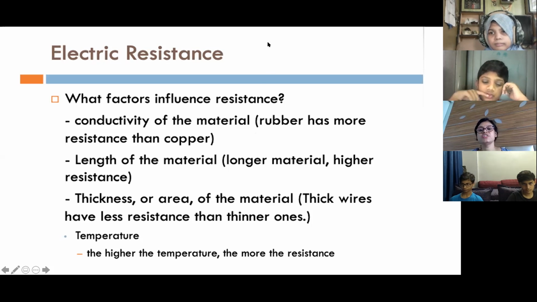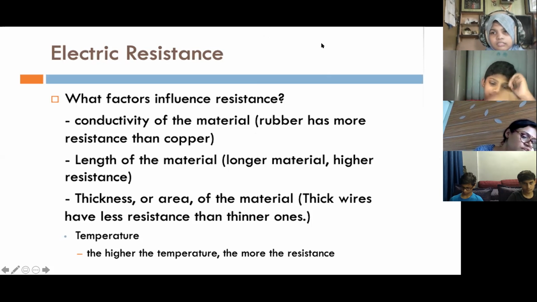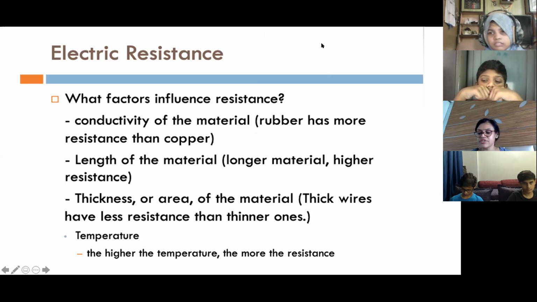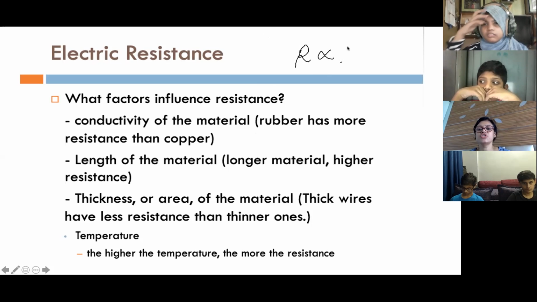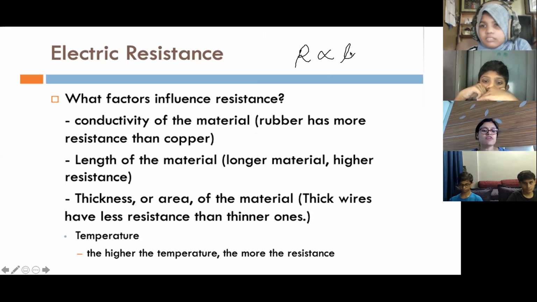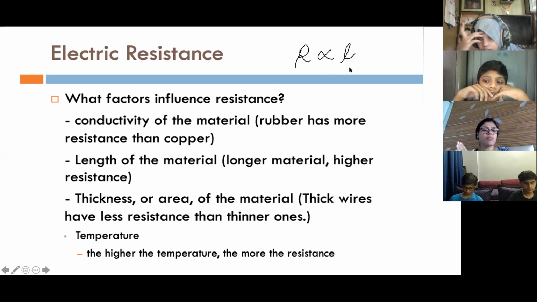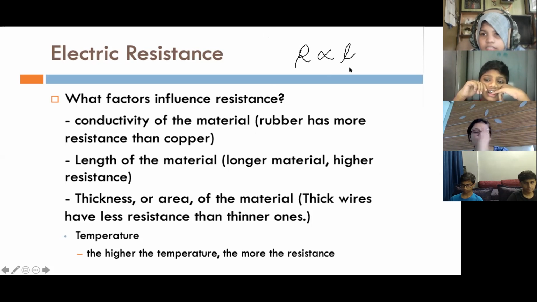Second point, we say resistance is directly proportional to the length of the conductor. Now just imagine if your conductor is very long, so many immobile ions will be there, and the electrons will face too many collisions.